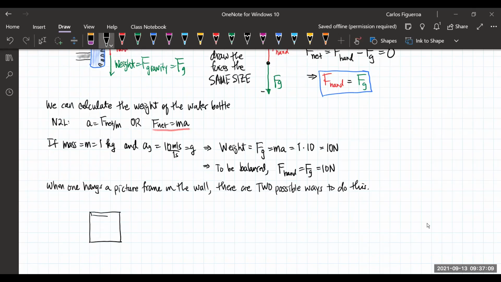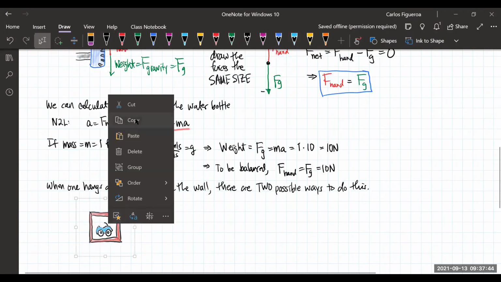And for the sake of argument, you are in love with your car. So you take a picture of your car, and because you love the baby blue color, you hang it on your wall. Well, I want to copy this.